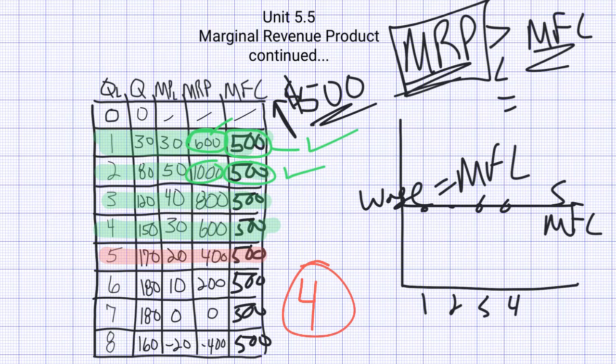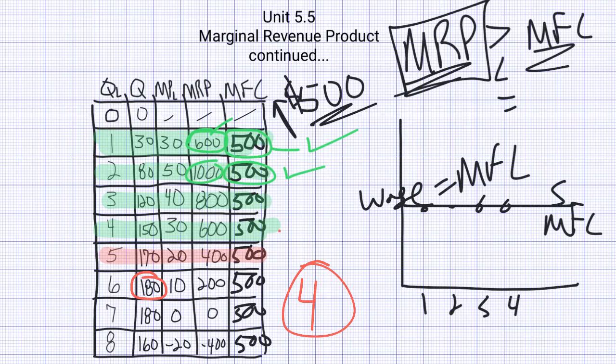So what am I not doing? I'm not hiring where my output is the most. So this one, the output is the most, right? That goes back to when we did it in the product market, and we asked, should we maximize our revenue? Well, that's not the point of a firm; it's to maximize profit.